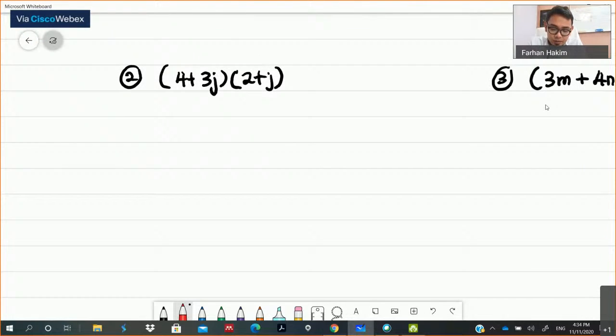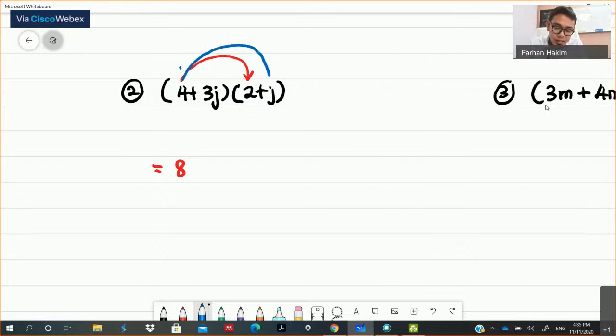Suppose we multiply 4 by 2. So I will have 8. Now I'm going to multiply 4 by j. So I have 4j. Next one is that we have 3j multiplied by 2. 3 multiplied by 2, we get positive 6j.